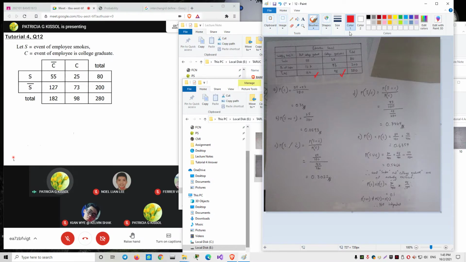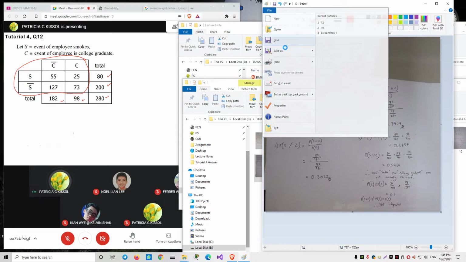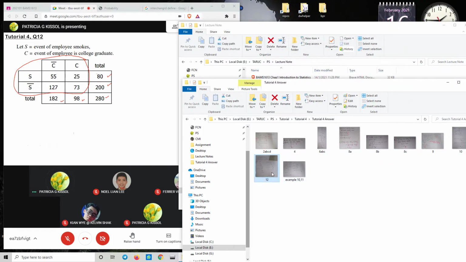So remember class, the question will be given to you only this part, and you need to find the total. For the calculation of this total, some questions provide the total already, some questions do not.